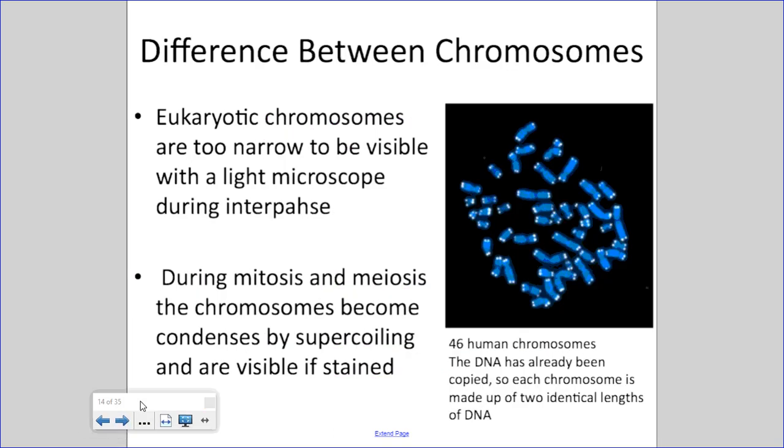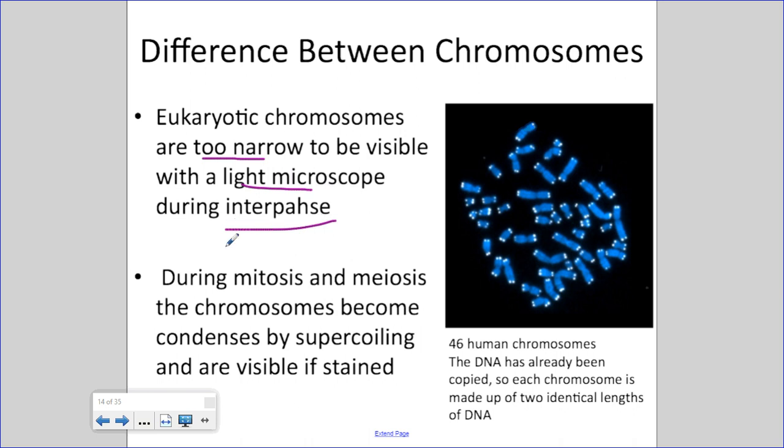So now there are differences between chromosomes within eukaryotic cells. Generally, though, eukaryotic chromosomes are too narrow to be visible with a light microscope during interphase. If you think about the cells that we've stained before, when you looked at the nucleus, it showed up as a brown stain, and that's basically all of the chromatin being stained.